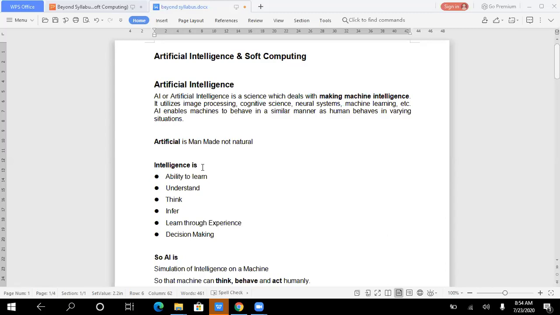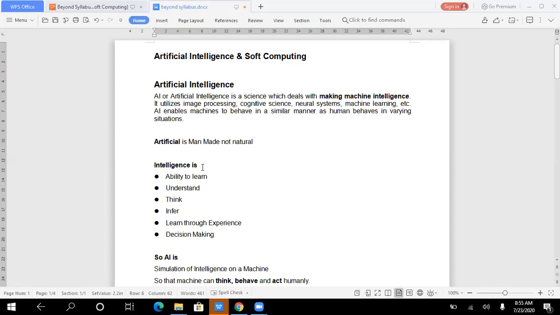Why? Because of their abilities to do certain tasks in a manner that makes them different from others. There are certain characteristics which define intelligence: the ability to learn, understand, think, infer, learn through experience, decision making, etc.